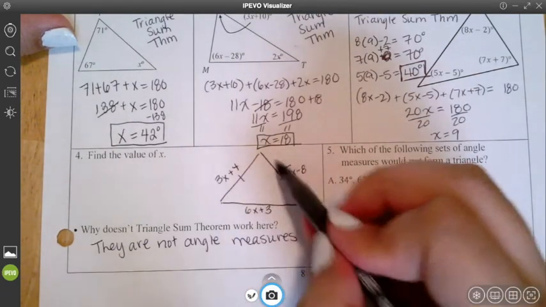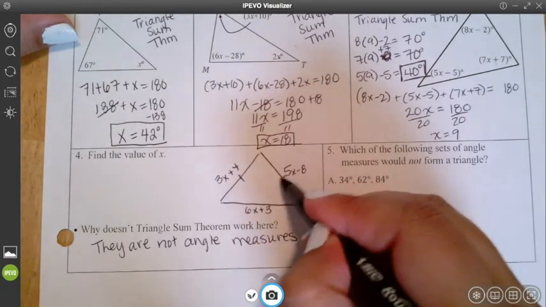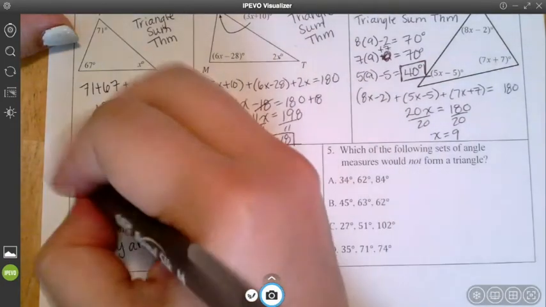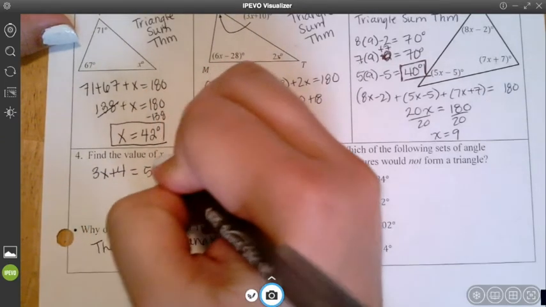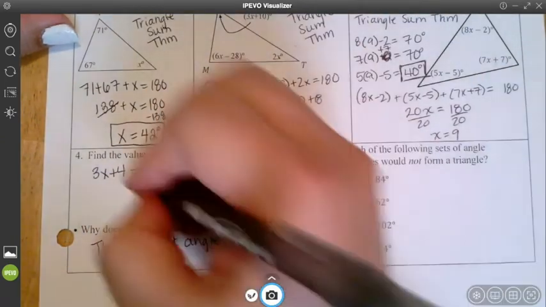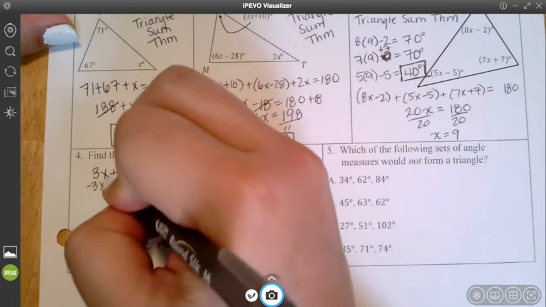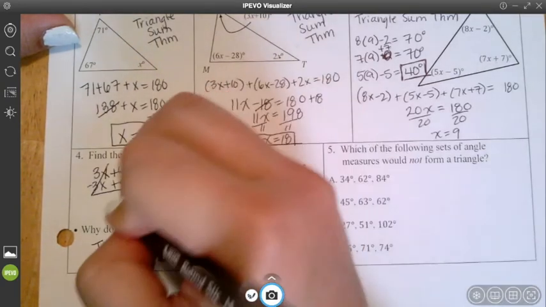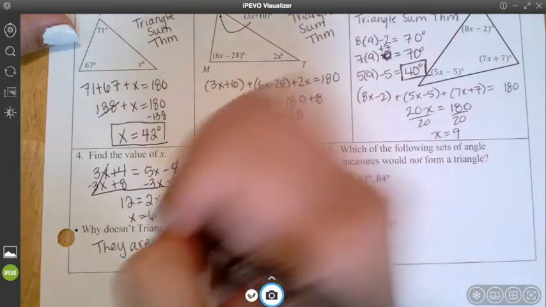These are side lengths. So how can we compare them? Well, notice there are these little congruence marks, which says that I can say 3x plus 4 equals 5x minus 8. Minus 3x plus 8, 12 equals 2x, x equals 6.